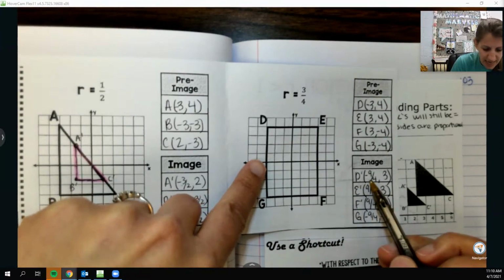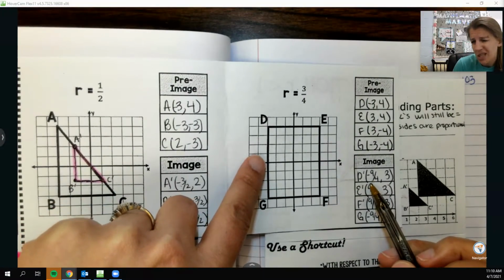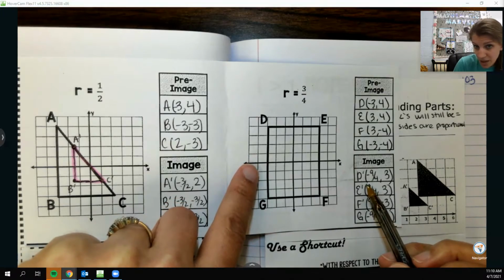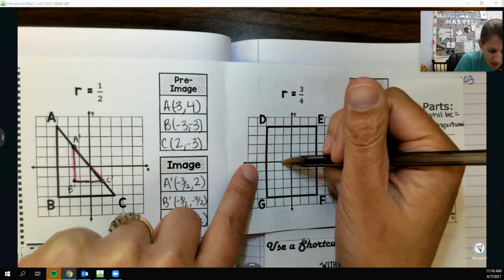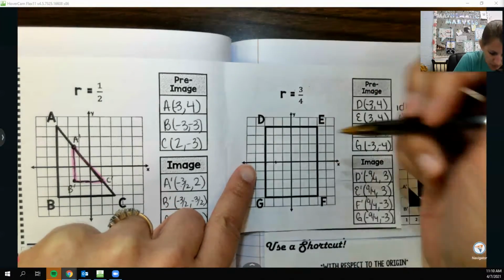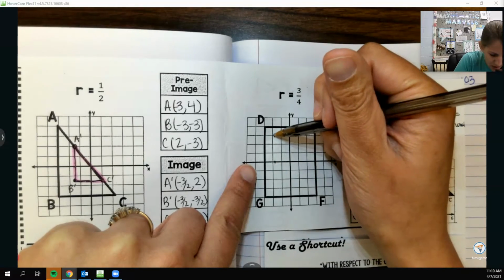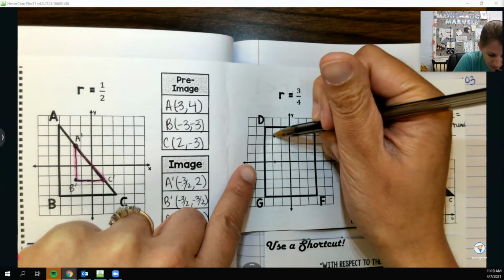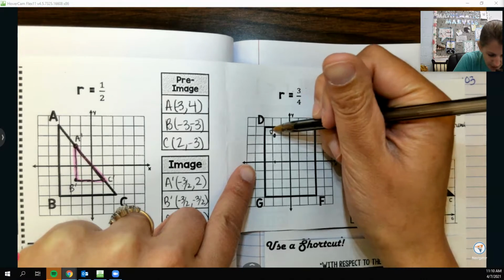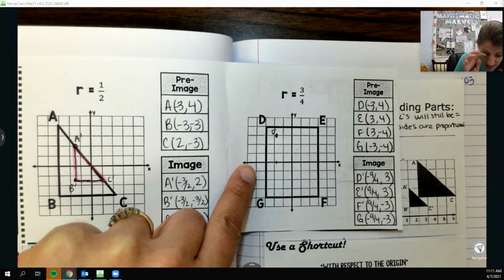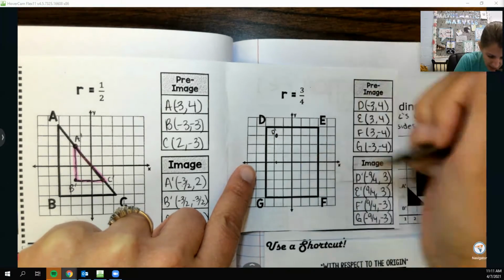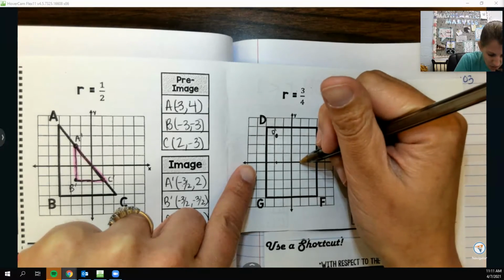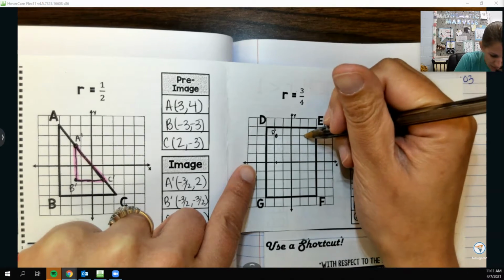So D prime is at negative 9/4, which is like 1 3/4. So negative 1 and almost 2. And then up 3. 1, 2, 3. D prime. And then E prime, we're at 9/4, which is 1 3/4, and then up 3.